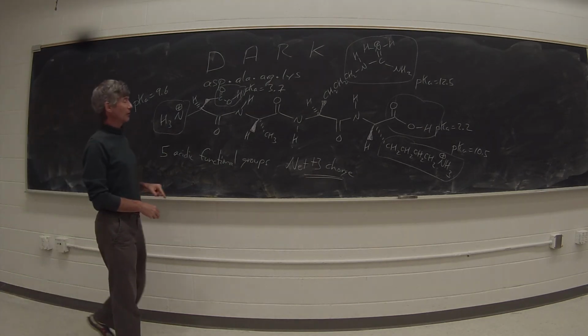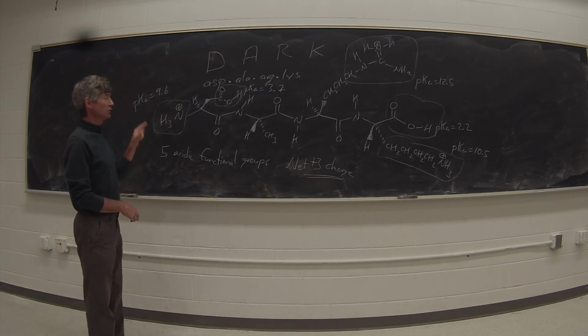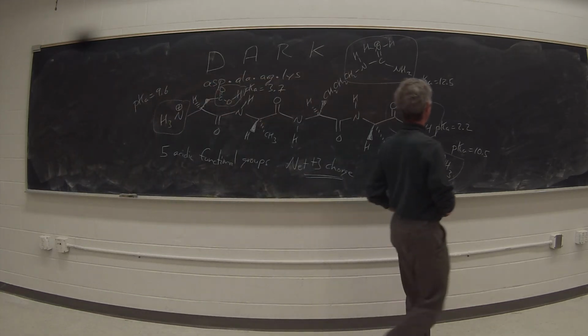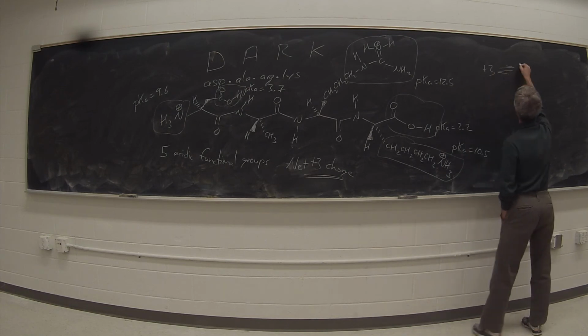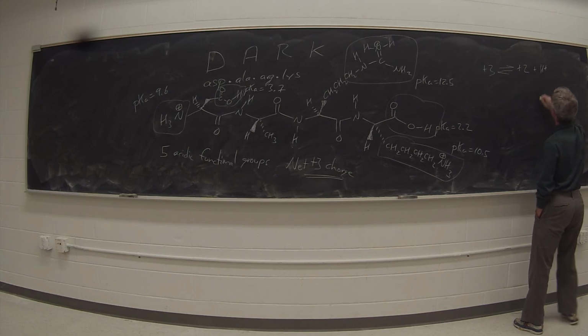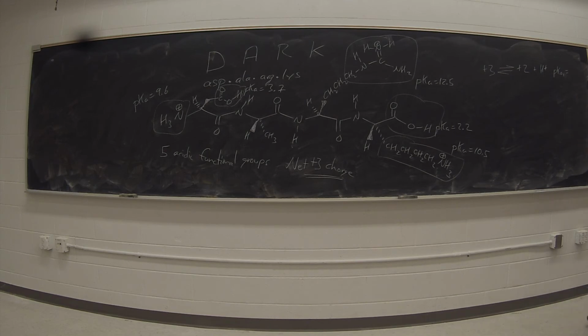For the purposes of calculating the isoelectric point, we now have to figure out which of these 2 pKa values are going to be on either side of the neutral species. So we start with our net +3 charge, and that's going to be in equilibrium with something that has a +2 charge and a hydrogen ion, and we know that pK1 is the most acidic pKa we have, 2.2.